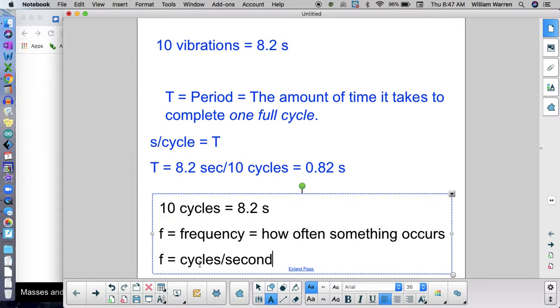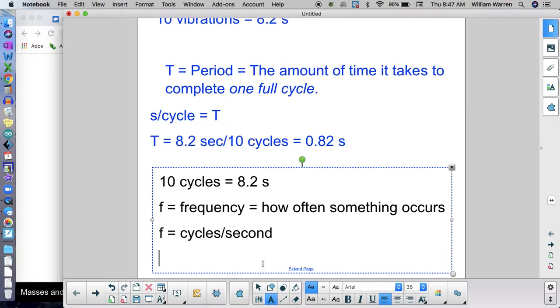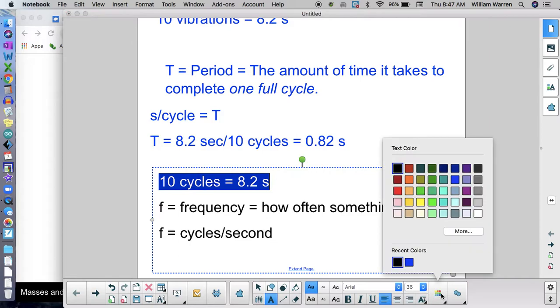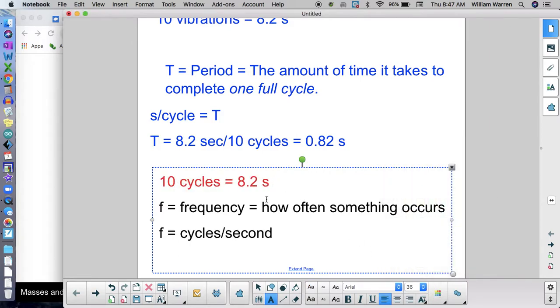How many times it happens per second. Okay, so here's my critical information right here. It's so critical, I think I'll mark it in red, right? So there's my critical information.